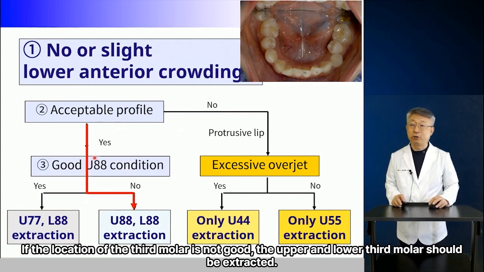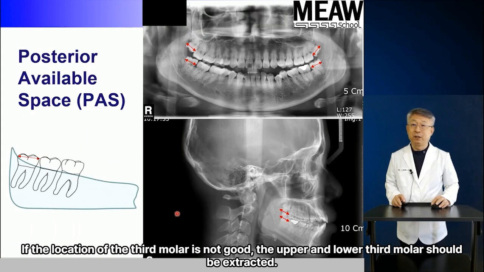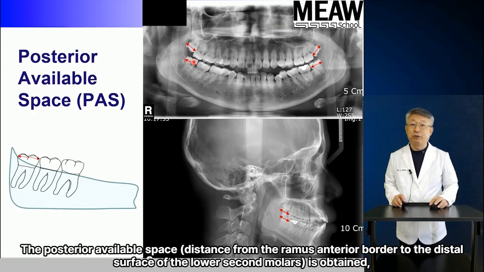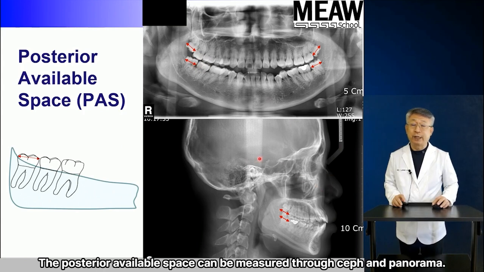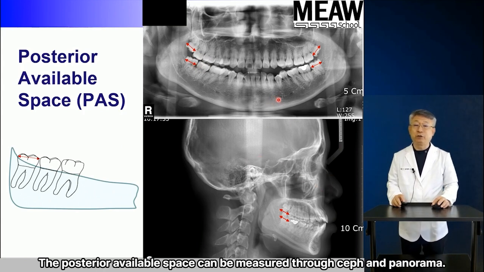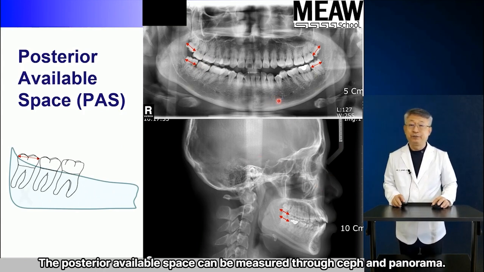If the location of the third molar is not good, the upper and lower third molars should be extracted. The posterior available space, the distance from the ramus anterior border to the distal surface of the lower second molars, is obtained. By extracting the upper and lower third molars, the posterior available space can be measured through Ceph and panorama.